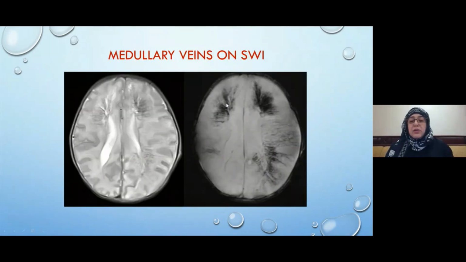There can also be involvement of the medullary veins that is best seen on susceptibility weighted images with the secondary areas of ischemia and necrosis and possibly hematoma.